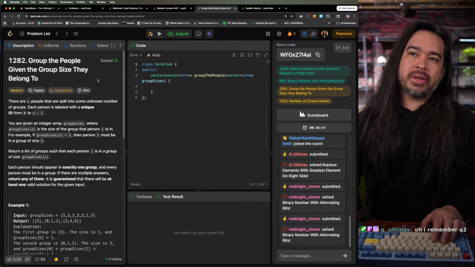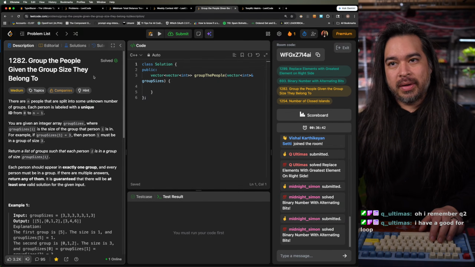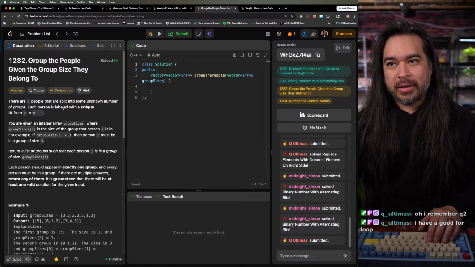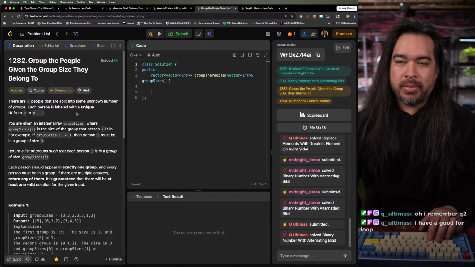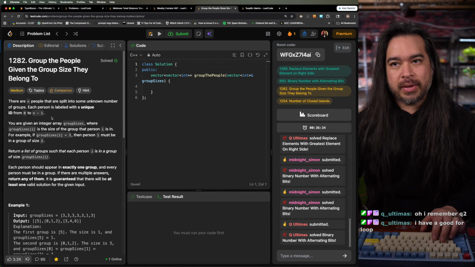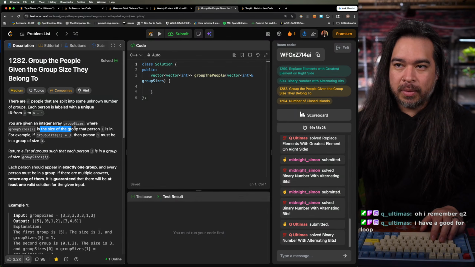Group the people given the group size they belong to. There are n people that are split into some unknown number of groups. Each person is labeled with a unique ID from 0 to n minus 1. You're given an integer array group sizes where group sizes[i] is the size of the group that person i is in.